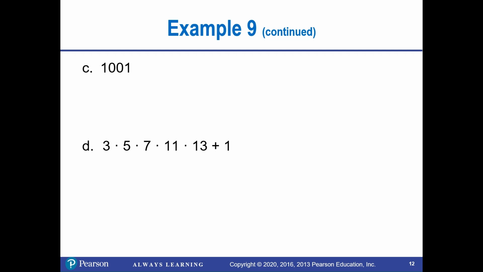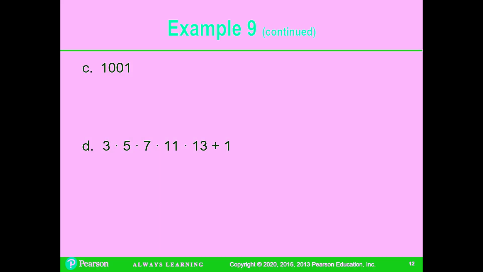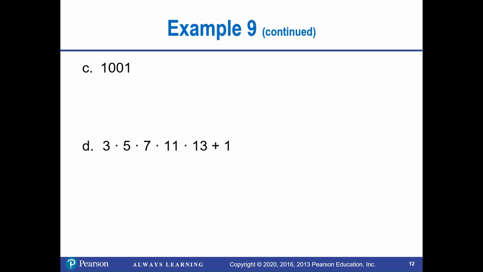I could try 7, but actually I'm going to see that 1,001 is divisible by 11. And remembering that the divisibility rule for 11 is if the sum of the digits in the places that are even powers of 10 minus the sum of the digits in places that are odd powers of 10 is divisible by 11.